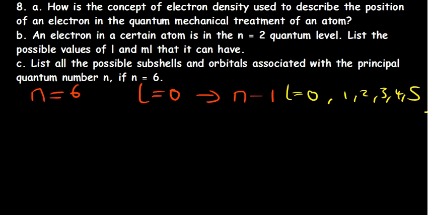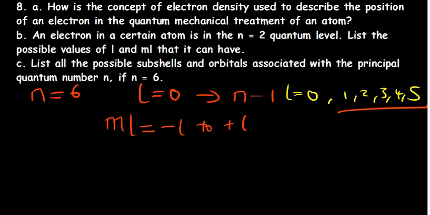Now, the question says list all the possible subshells and orbitals. So we've listed the possible shapes of the orbitals. We can now go into determining the ML values, which represent the orbitals. ML goes from negative L all the way to its positive.